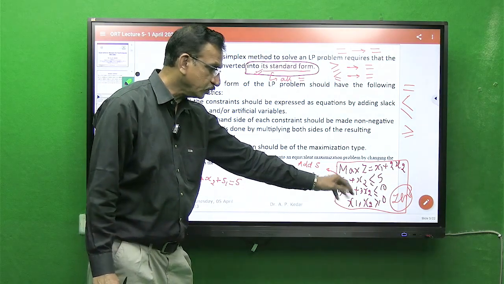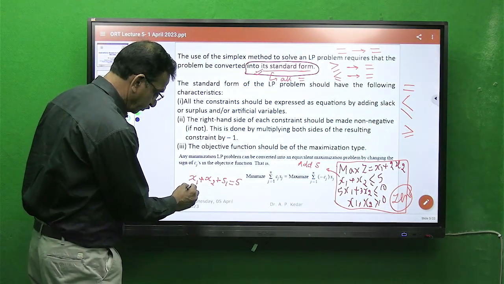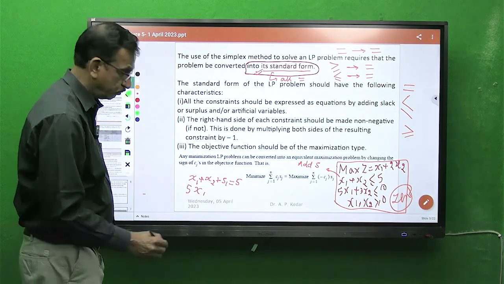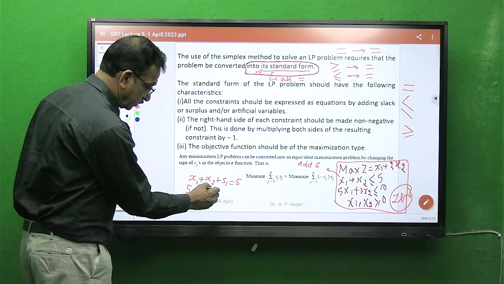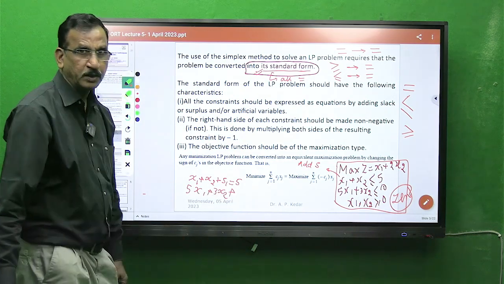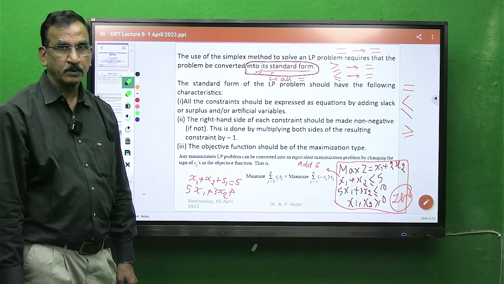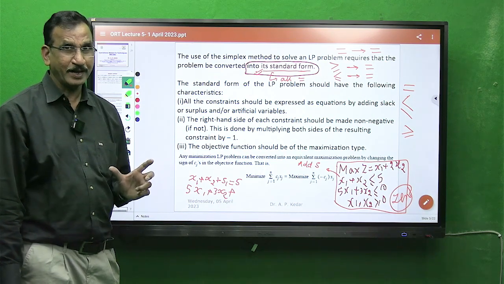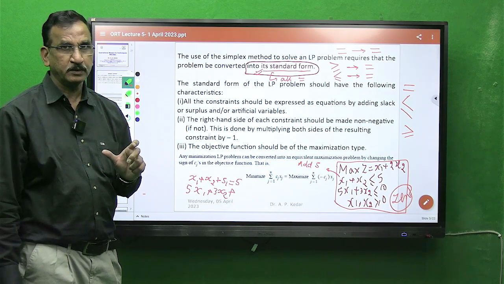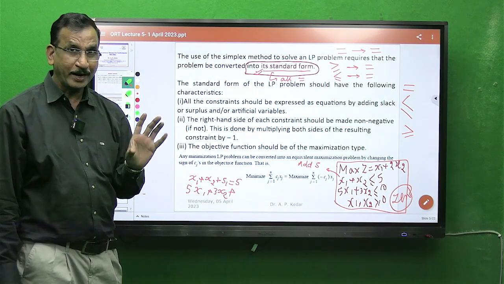Similarly, the second equation will be 5x1 plus 3x2. What shall I write now? Guess. Deficit, slack. There is some deficit in left side. To compensate that and to make it equal to right side, we have to add something.